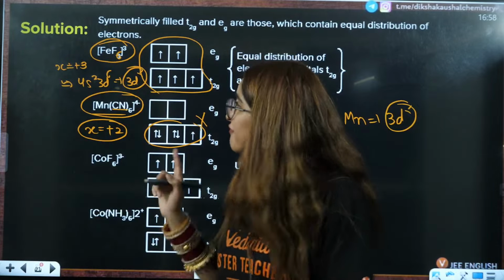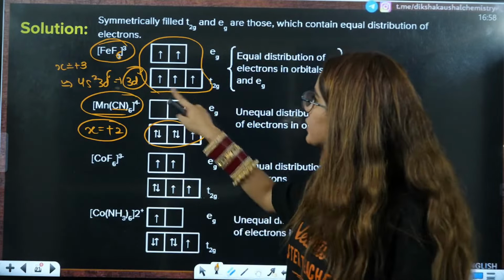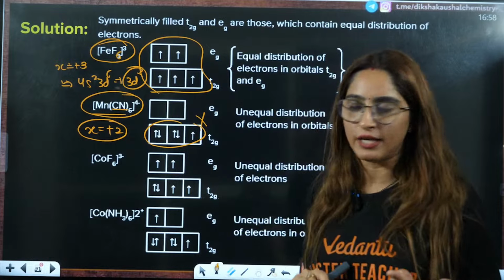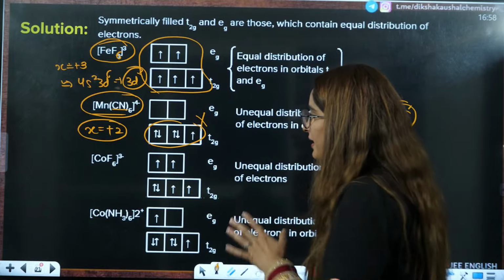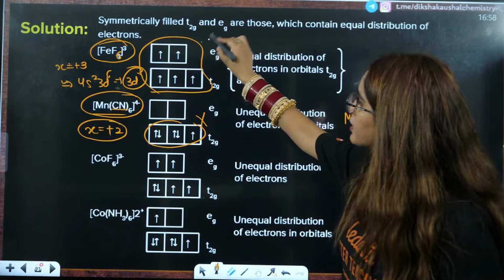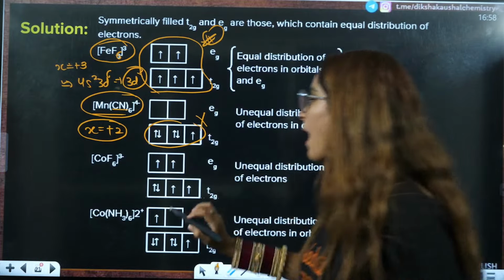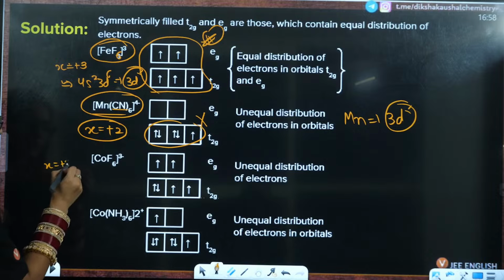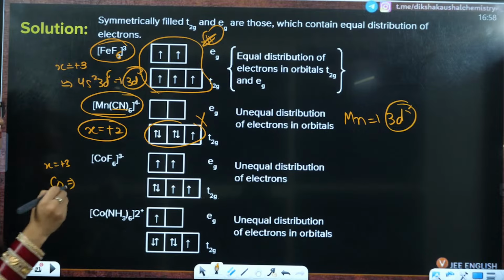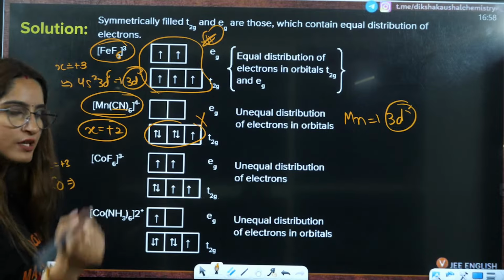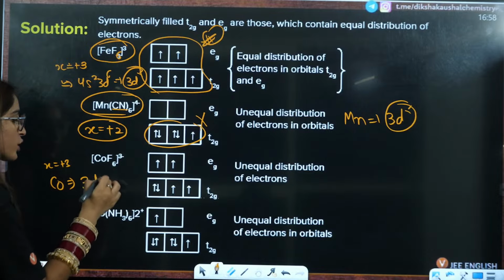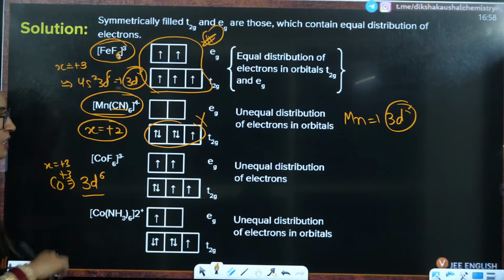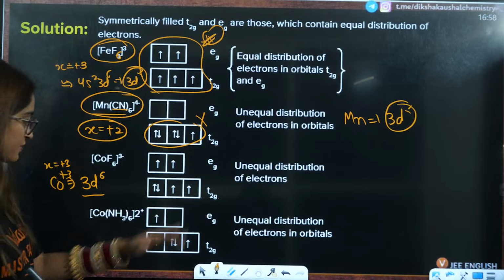And because F is a weak field ligand, that is why it will be symmetrical in the filling. So you just have to see the symmetry here. You can see symmetrical filling is only in this case. In cobalt also, here you will have X equals +3. Cobalt is 4s2, 3d7. +3 means it is going to be 3d6. So 6 electrons are not symmetrically filled.